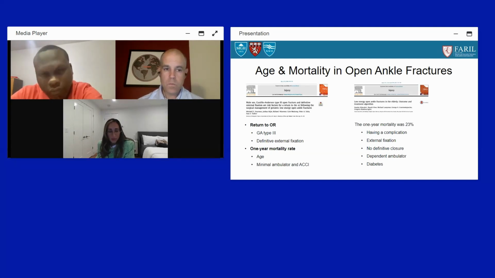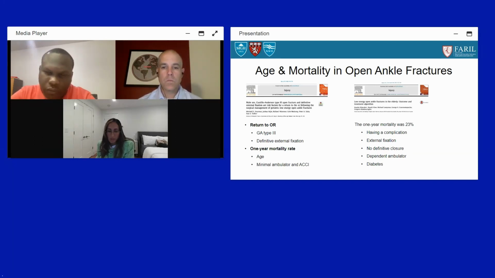In terms of the one-year mortality rate, factors like age, being older than 70 years old, being a minimal ambulator, or having multiple comorbidities, which they mentioned as over 3, are related to increased mortality at 1 year. And when we look at the long term in some of these patients, these articles show us that the 1-year mortality can go up to 23%.